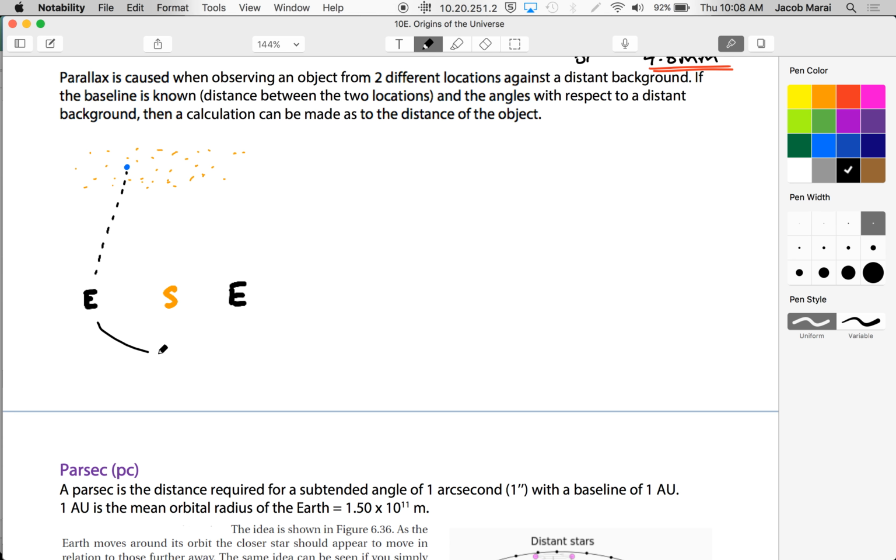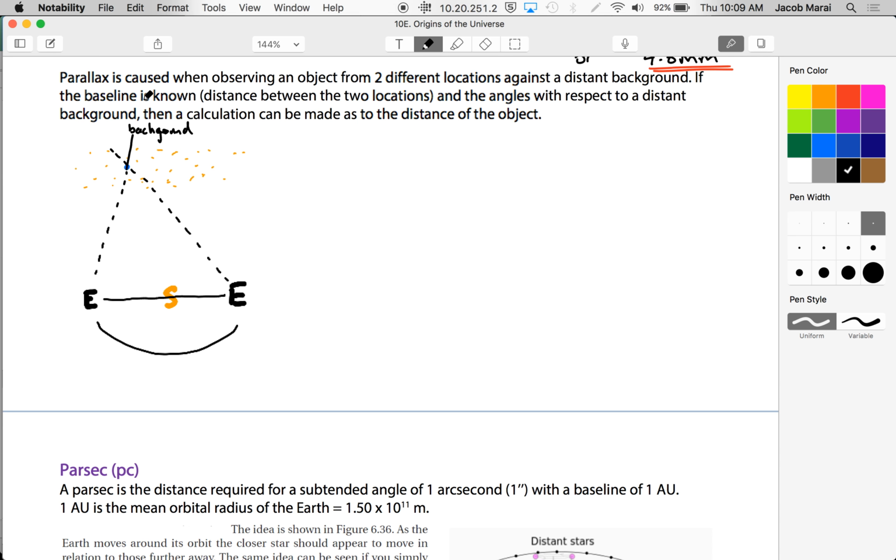So I take my measurement, and then I go on my orbit around the sun. I'm a certain distance away, but that angle is with reference to the background star. I would say, oh, that star there just seems to be right next to that star there. And then, 6 months later, I take the same measurement, and all of a sudden, it appears to have shifted.